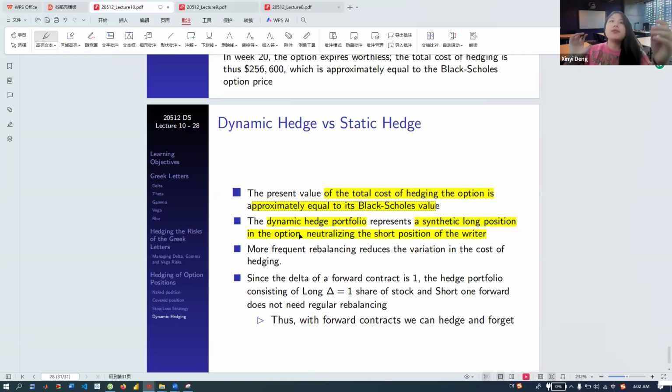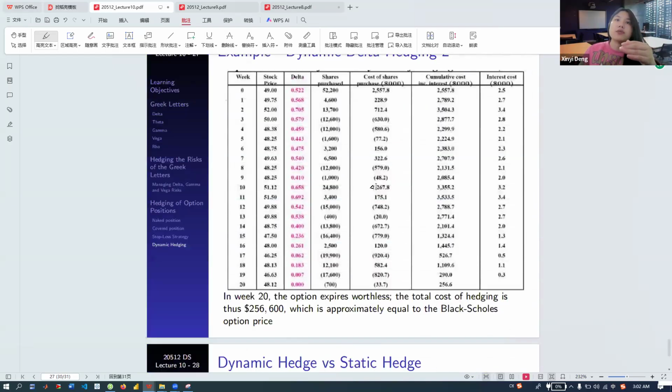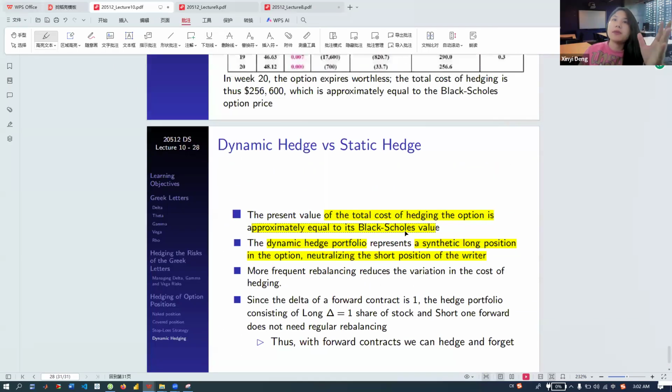So all the Excel files are trying to say that our dynamic hedge portfolio is just our original short position in the call and a synthetic long position in the call that we created via other financial instruments. Now let me go to the Excel file to quickly show you.